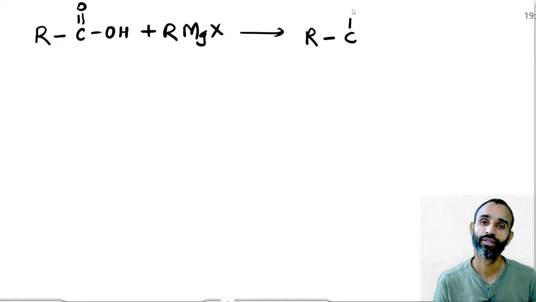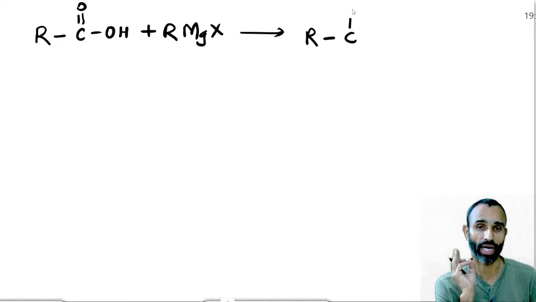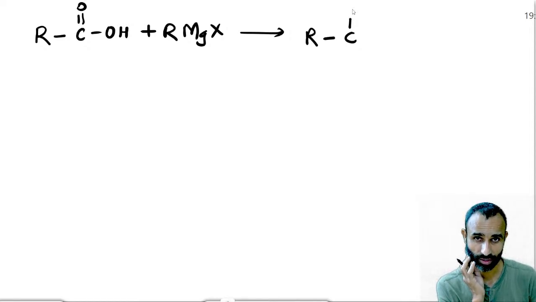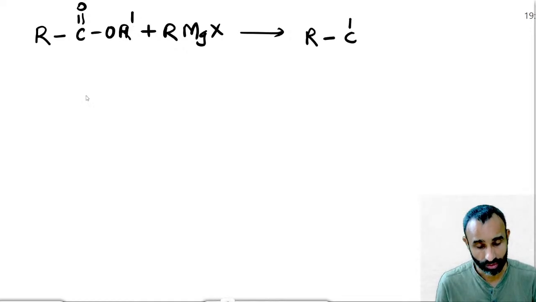Even ester reacts. But if we have carboxylic acid, we will use 2 moles of RMgX. And if we have ester, let us say this is RCOOR dash, we treat it with RMgX.